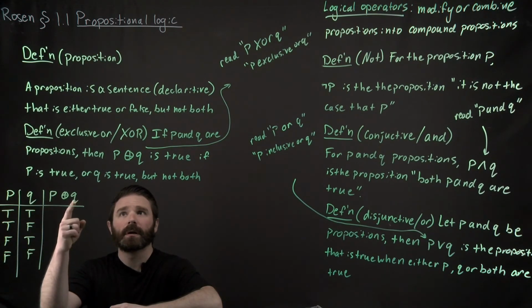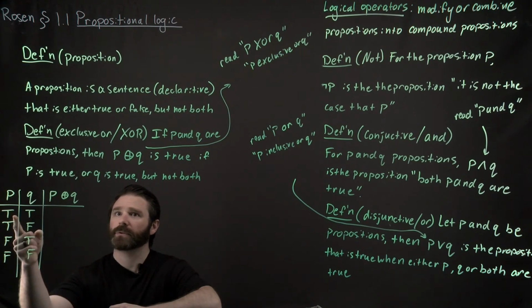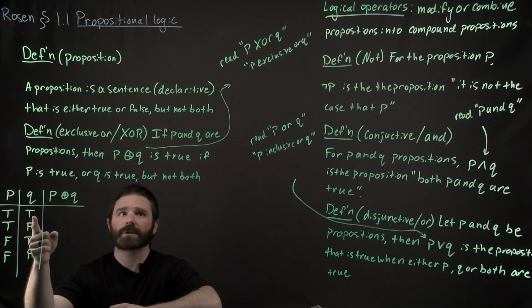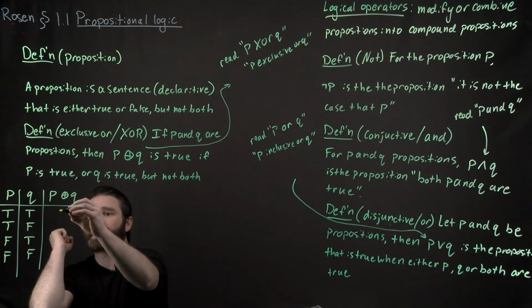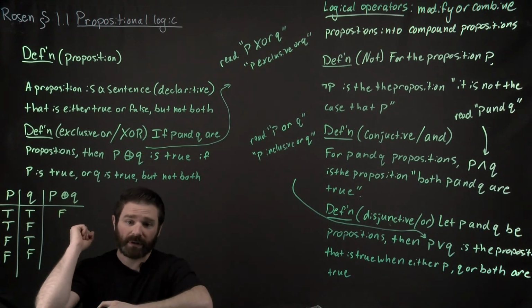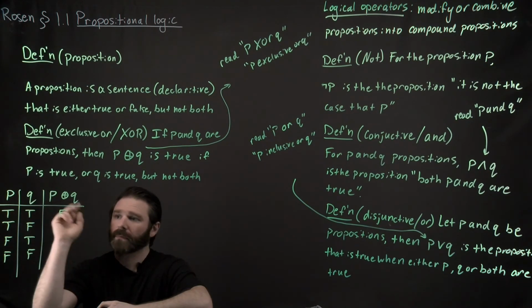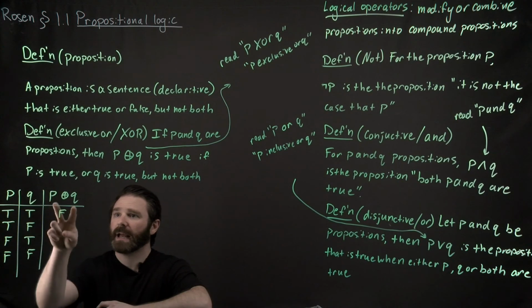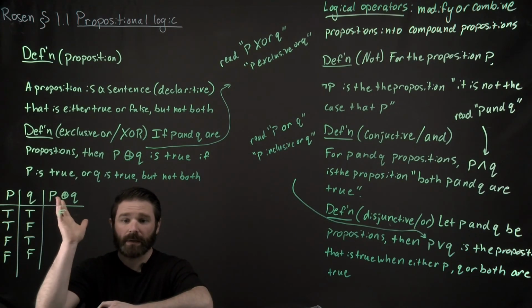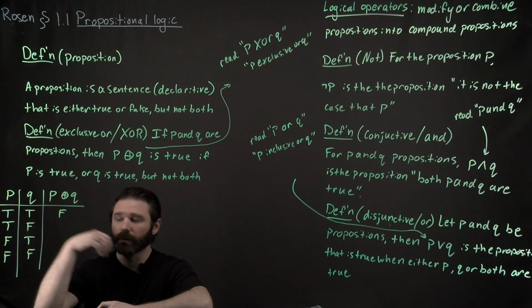Exclusive or. It's true if P is true, okay, well, in this first row, P is true, and, well, Q is true, but not both. So in this case, this right here would be false. So exclusive or is false if it happens that both of the variables in that compound expression are true.